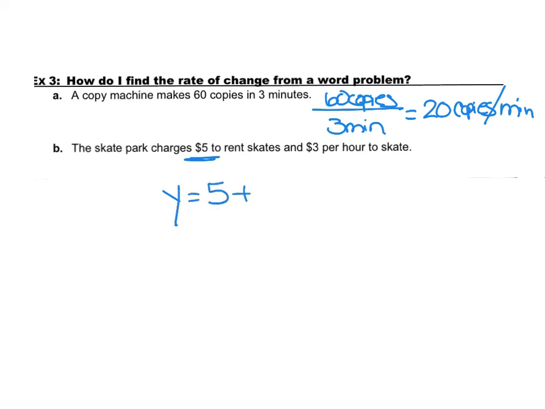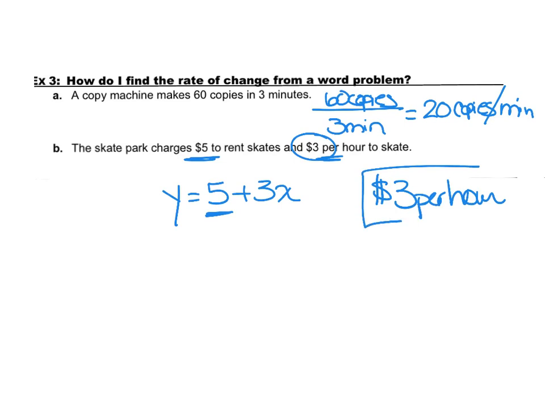And then for every hour you're there, you're going to pay $3. Whenever you see this per, you know that you have the rate of change. So our rate of change here is the $3 per hour. The $5 means nothing. All that is just the cost that you started with.